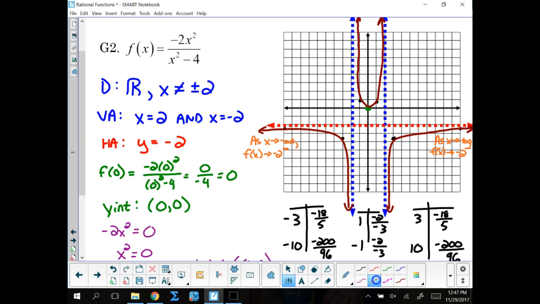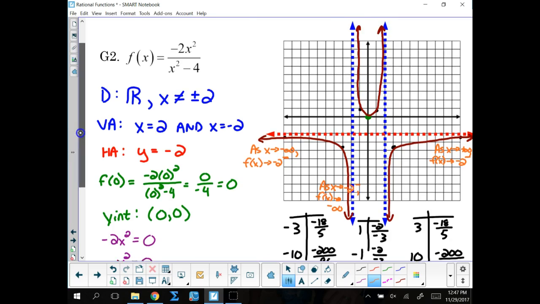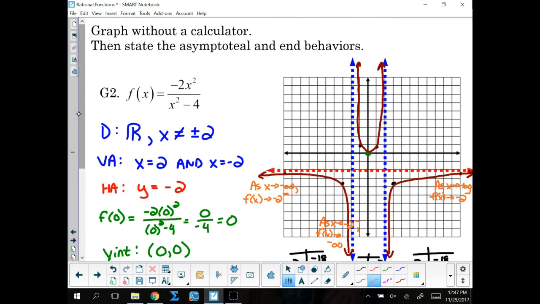As x approaches negative 2 from the left, our function goes to negative infinity. As x approaches negative 2 from the right, our function goes to positive infinity.